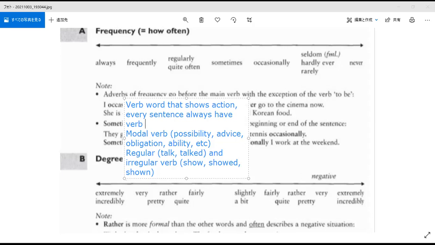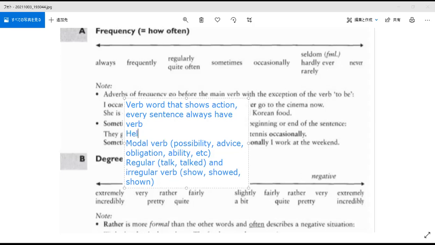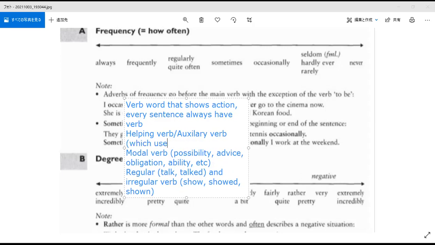And then what else is there? Verbs also have helping verbs, auxiliary verbs, which are used to have or to be, right?